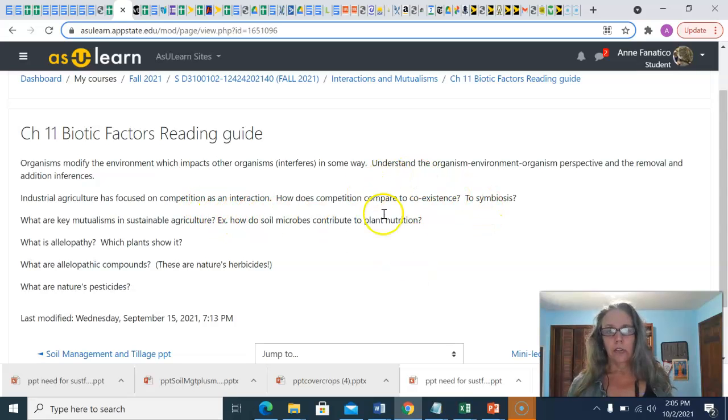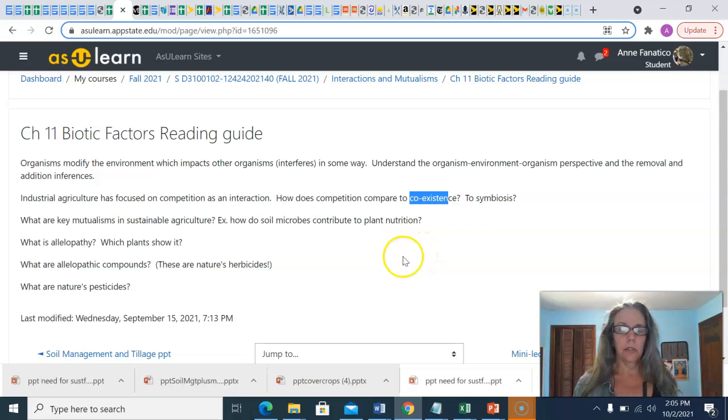And actually it is the mutualisms and coexistence that's probably more important to evolution instead of competition. So plants, learning how to work together, basically.